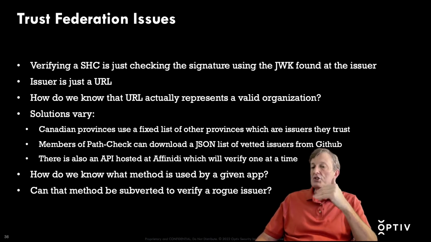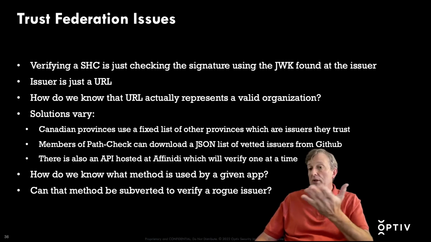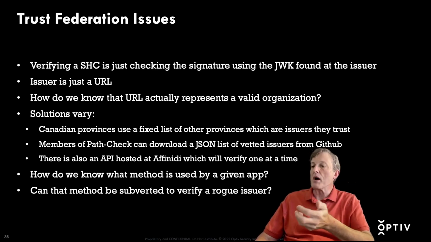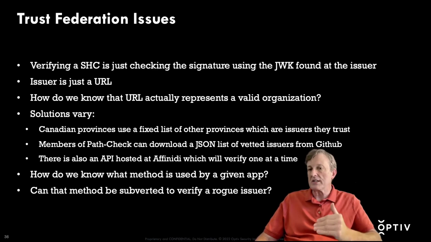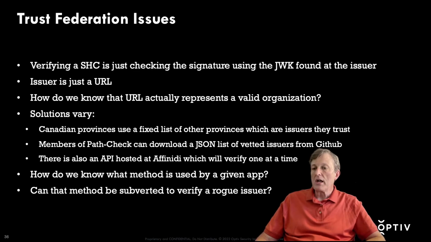There's a secondary organization related to the Vaccine Credential Initiative called PathCheck, right? They realized they had a trust federation problem in the United States, and they publish a JSON list of issuers on GitHub, and you can go fetch it.